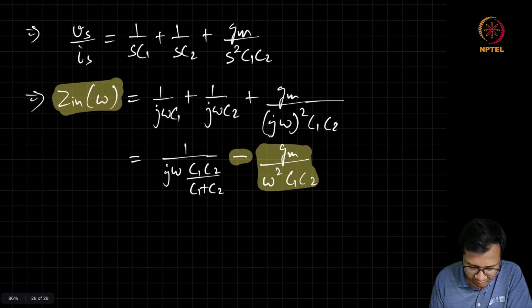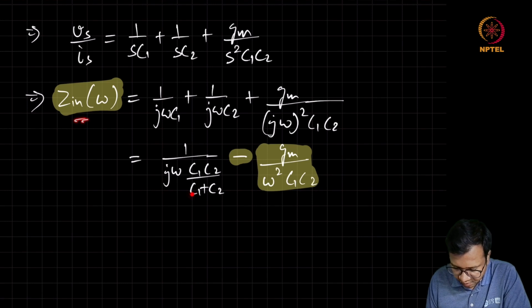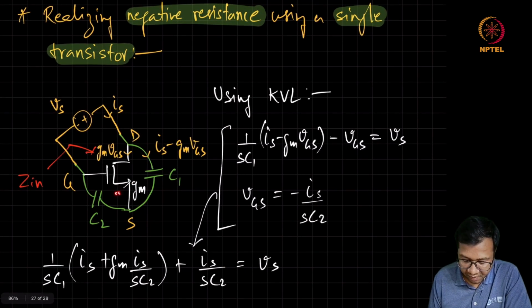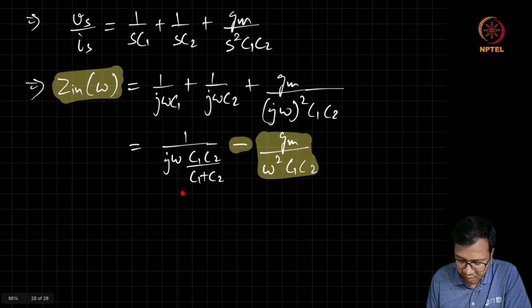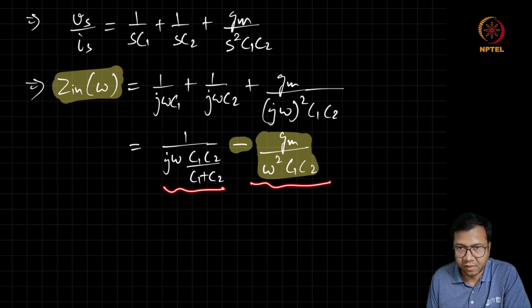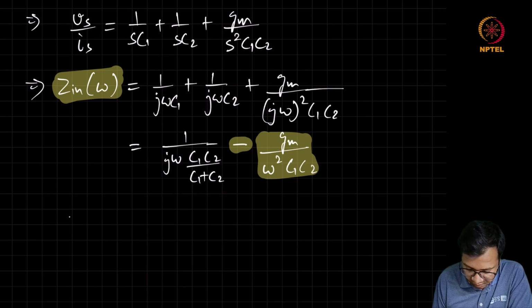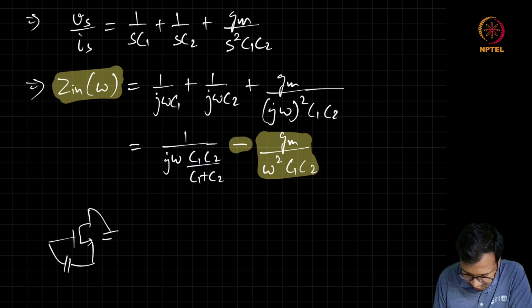We can see that this looking-in impedance in this simple circuit with a single transistor and these two capacitors looks as if there is a series combination of C1 C2 coming in series with a negative resistance. Equivalent circuit is going to be C1 C2 and Gm.